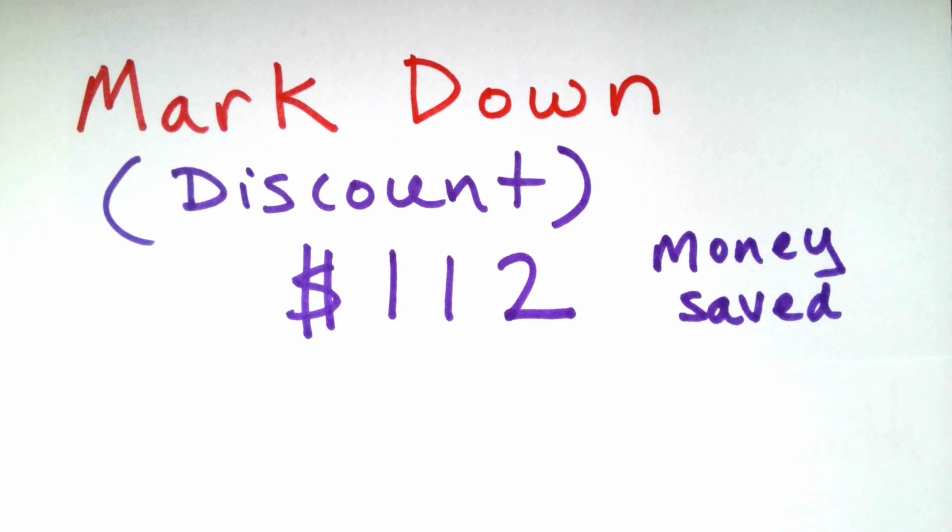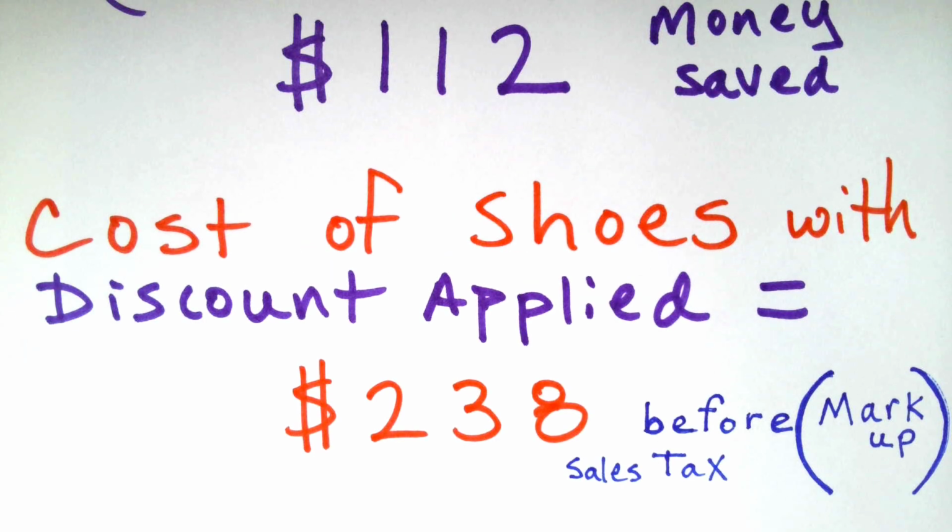We were able to find that the discount of 32% off of $350 was $112 money saved out of your pocket. We subtracted that $112 from the original cost of the shoes, $350, in order to get the cost of the shoes with the discount applied, which was $238.